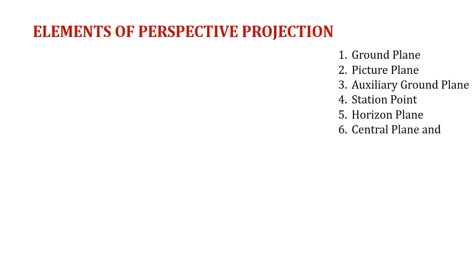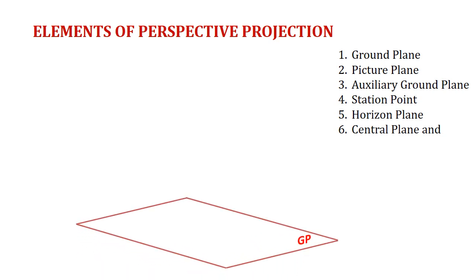To draw the perspective projection, we should know the various elements first. These are the basic elements involved in the perspective projection. Let me explain one by one. The ground plane. The ground plane is a horizontal plane on which the object and the observer are assumed to be located.